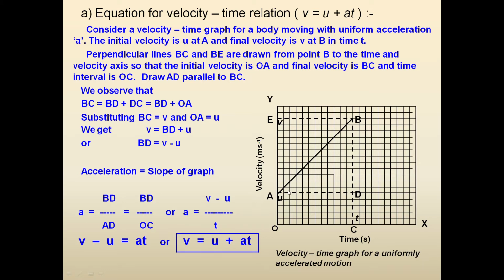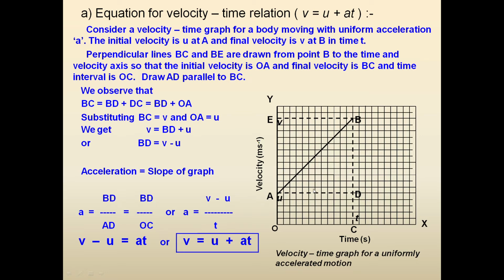From this point B, draw perpendiculars, one perpendicular on x-axis, BC, another perpendicular on y-axis, BE, and from point A also draw one perpendicular on this line BC, and this perpendicular is AD. So what we are doing here, actually, we are making this triangle ADB complete.